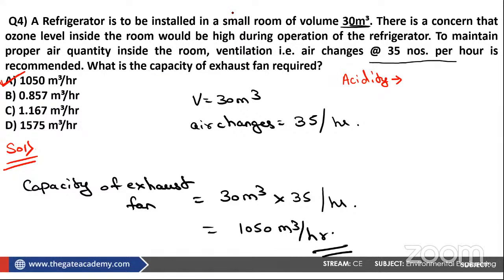Yes, tell me. Okay, Khushbu. Methyl orange. Very good. Anything else? And phenolphthalein also. So you will use both phenolphthalein and methyl orange to measure the acidity. Very good.